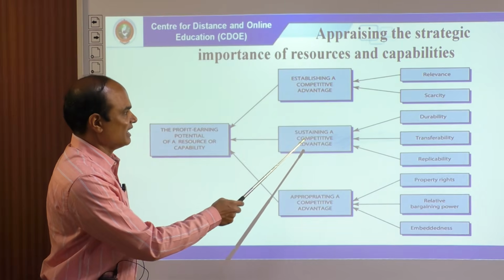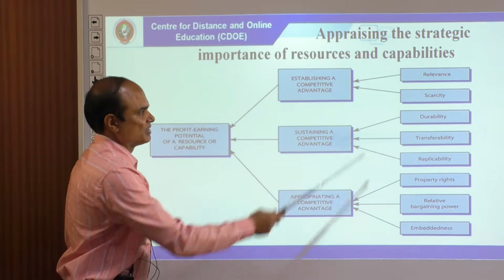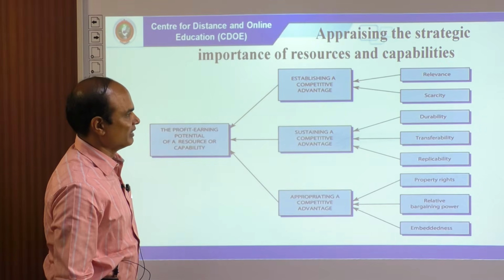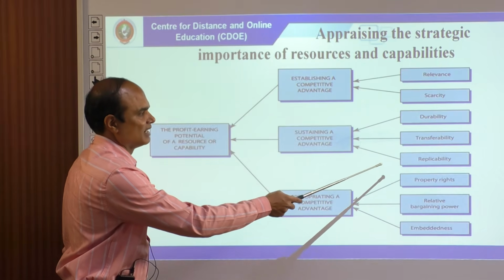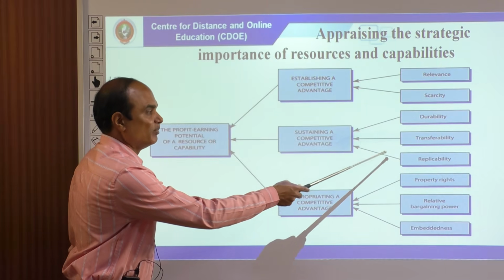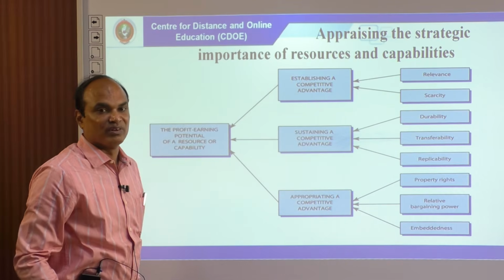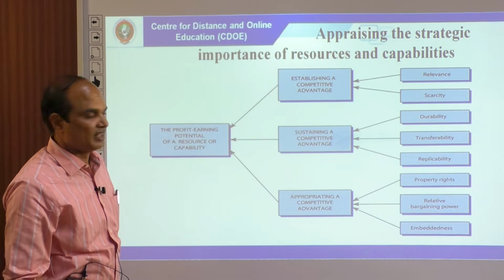Then sustaining a competitive advantage comes from three factors: durability, transferability and replicability. So, their strategies have to be durable, and it is very tough to replicate and very difficult to transfer. Then only they will have a sustainable competitive advantage.